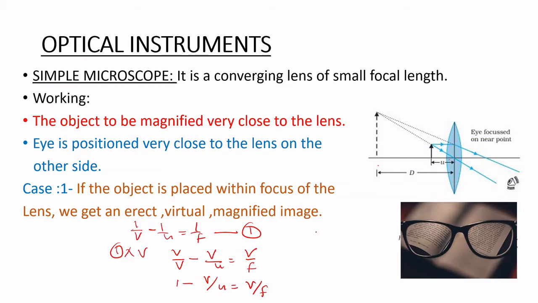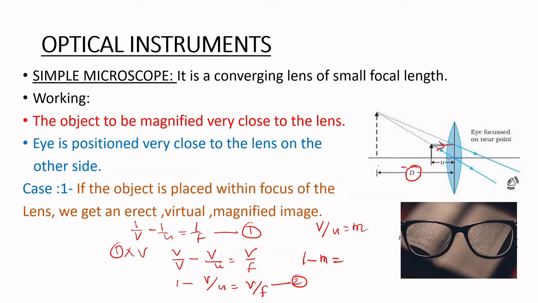What is v by u? V by u is nothing but the linear magnification. So equation 2 is 1 minus m is equal to v by f. But you can see the image is formed at the least distance of distinct vision, on the left side of the lens, while the ray is going towards the right.